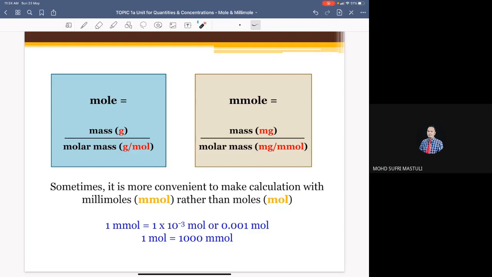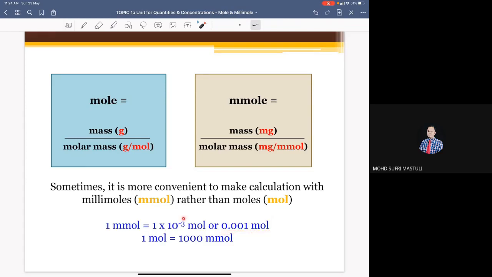So this is some relationship between the millimole and mole. 1 millimole is equivalent to 1 times 10 to the power minus 3 mole, because milli is 10 to the power minus 3. It can also be written as 0.001 mole.